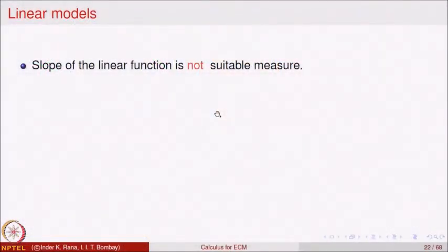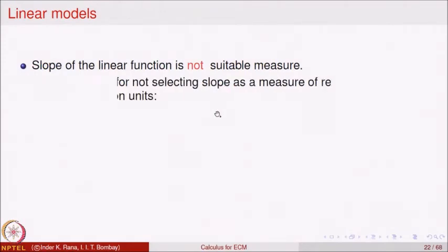We are looking for some characteristic that will indicate how much the demand will change at different price levels. To answer this question, naturally we have said that the slope of the linear function is not a suitable measure for this.